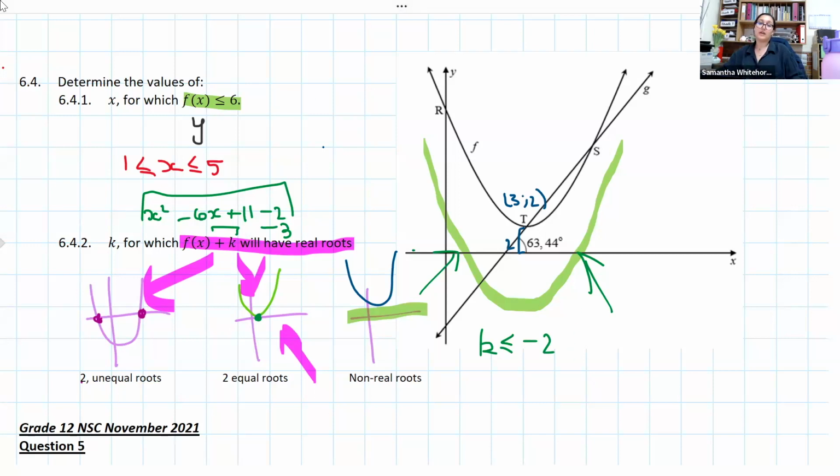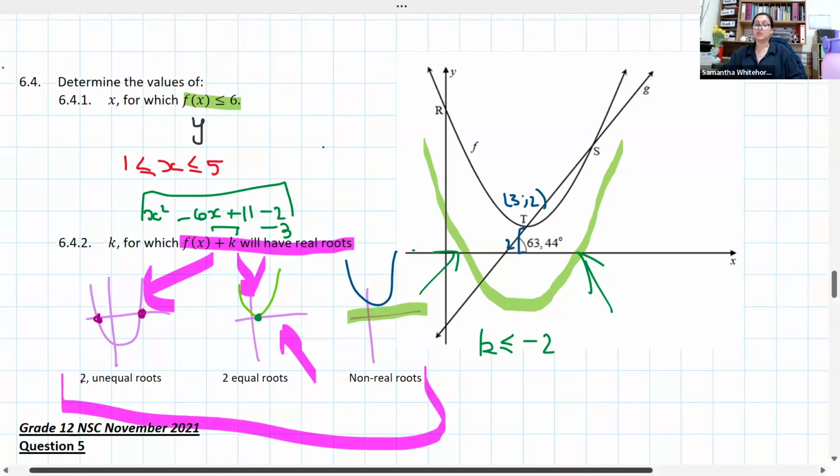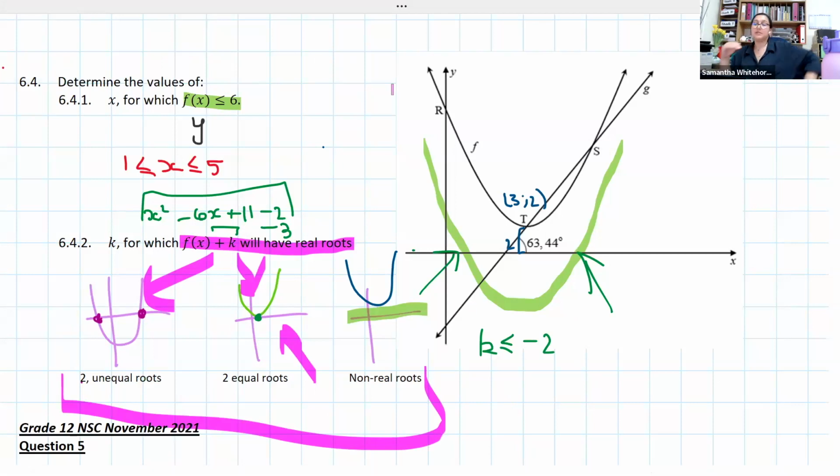So when you get questions like this, you need to go back to these 3 basics of your roots. And you need to think about how you should be shifting your graph up or down in order to create whatever the situation is. They often go with real roots or non-real roots. Sometimes I've seen them say 2 distinct real roots, and so then there have to be 2 different roots.